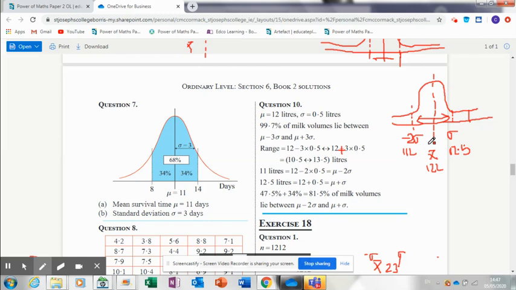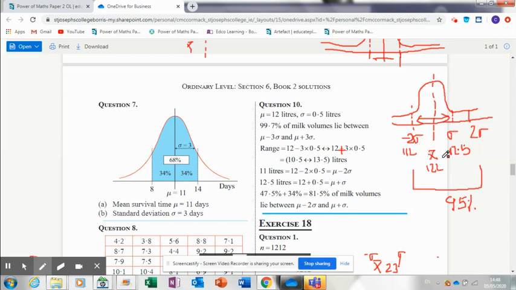So if I divide 95 by 2, I'll get 47.5%. So say this here is 2 standard deviations. So this accounts for 95%.